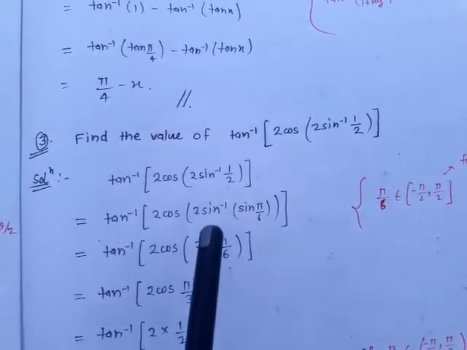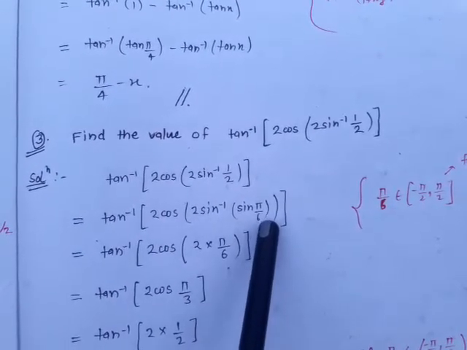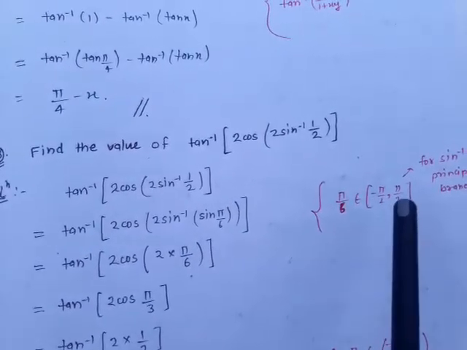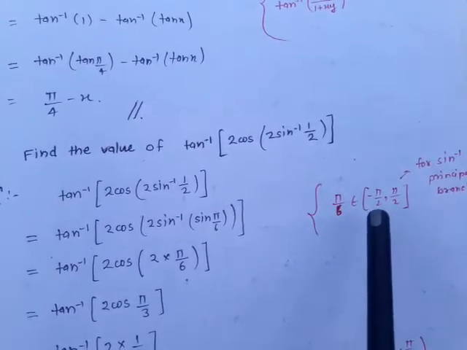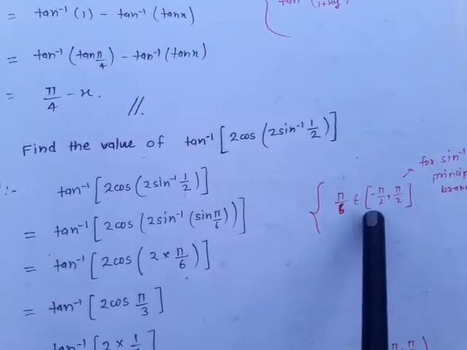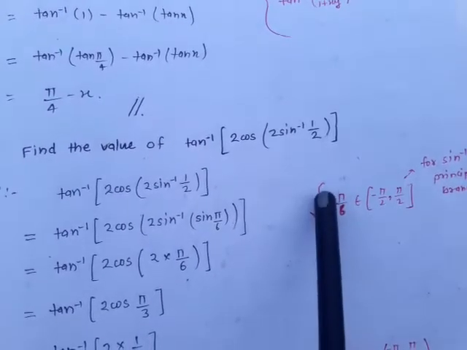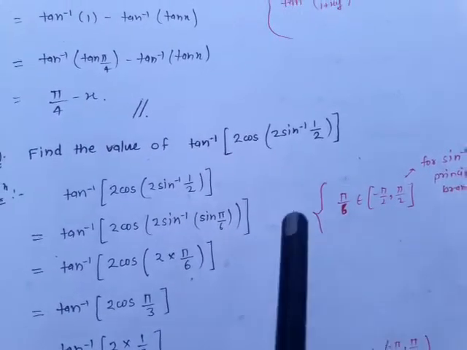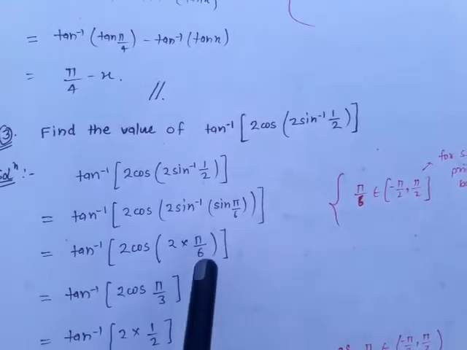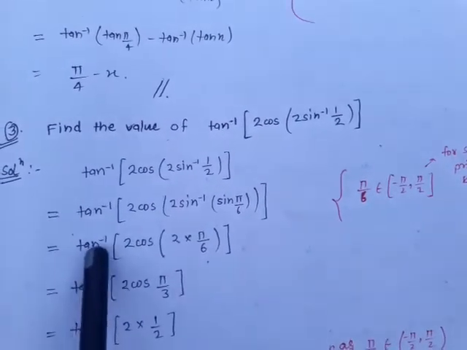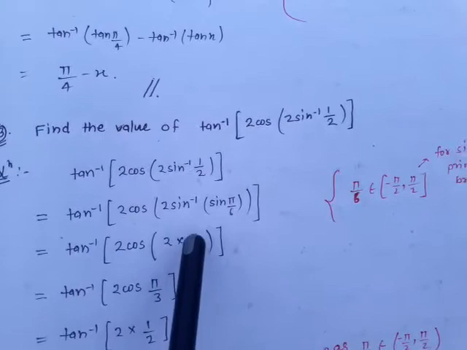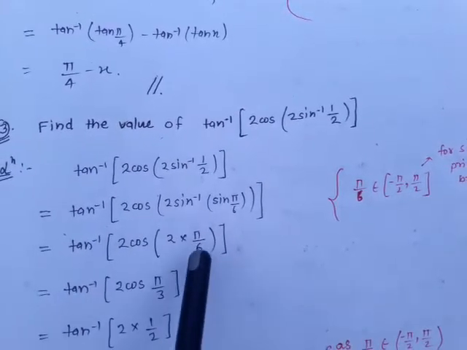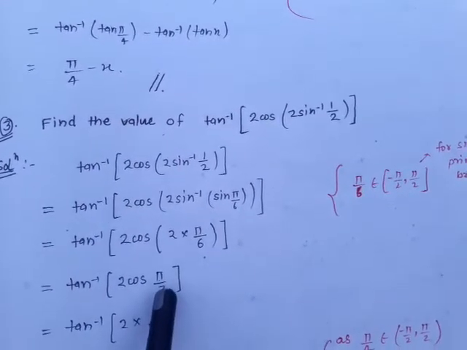Now sin inverse sin pi by 6. We know that the range of the principal branch value of sin inverse x is the closed interval minus pi by 2 to pi by 2, and pi by 6 belongs to this range. So sin inverse sin pi by 6 gives pi by 6. Now tan inverse 2 cos 2 pi by 6, 2 and 6 cancel out, which gives pi by 3.